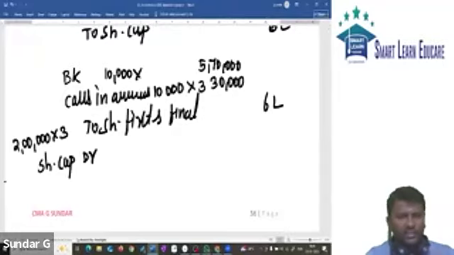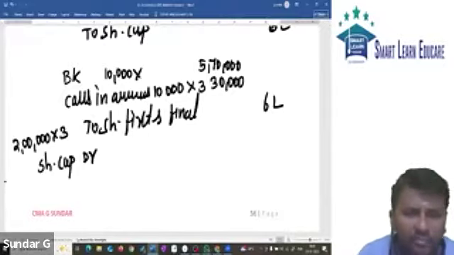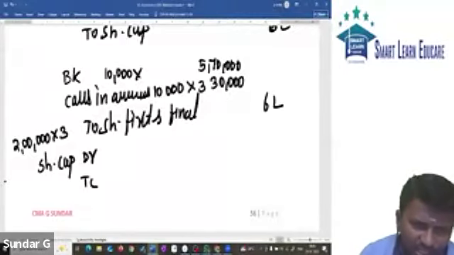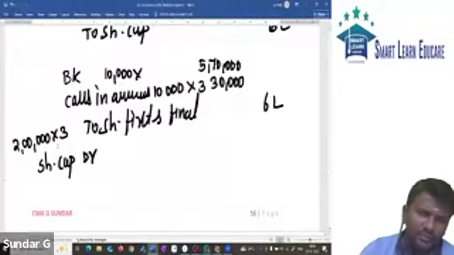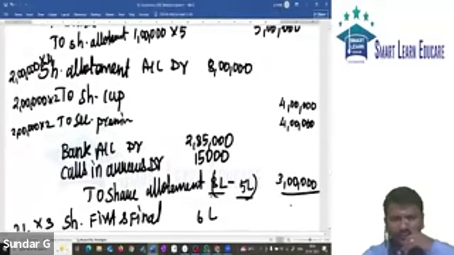Allotment itself is not received, so it should not be considered. So the entry will be share capital account debit. Whether you have securities premium received or not received.